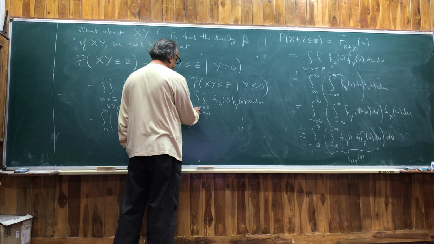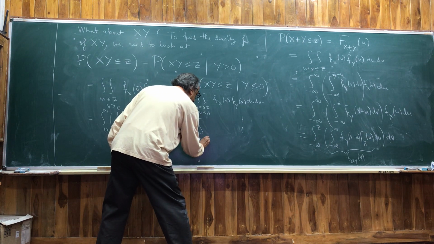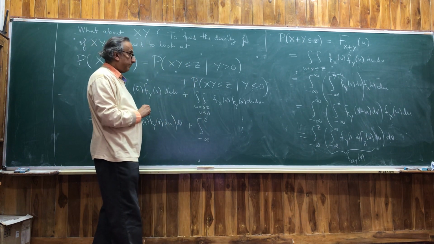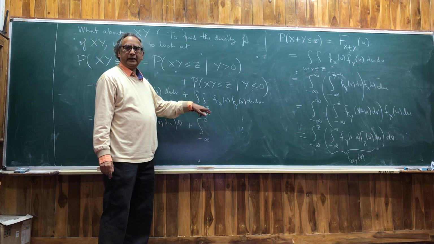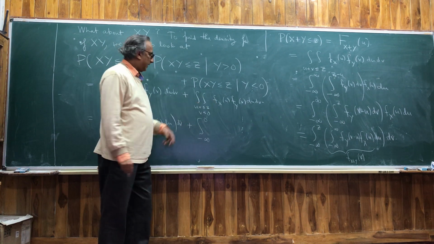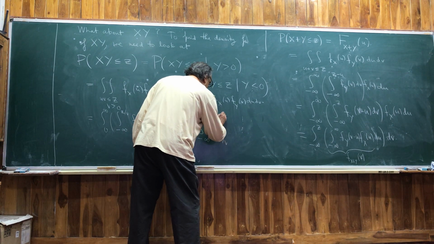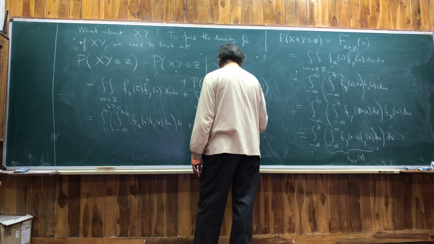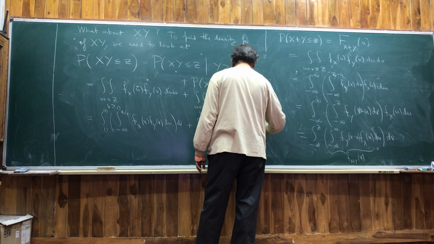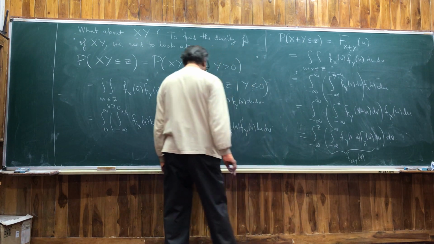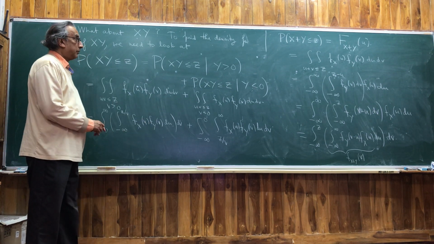So v is going from minus infinity to 0. And then u, well, v is negative, so when I divide out by v, the inequality changes. So u has to be bigger than z over v. So this means z over v to infinity. So you get this calculation leading to the sum of these two integrals.